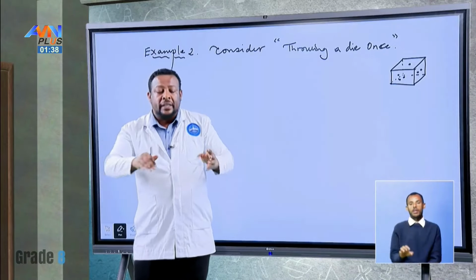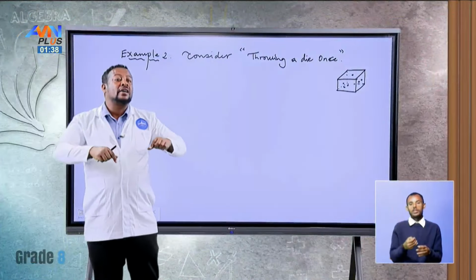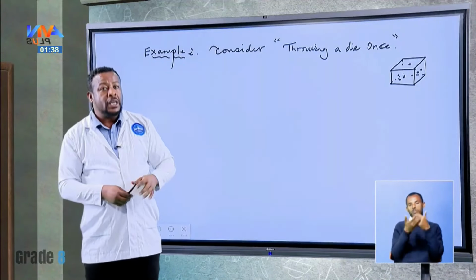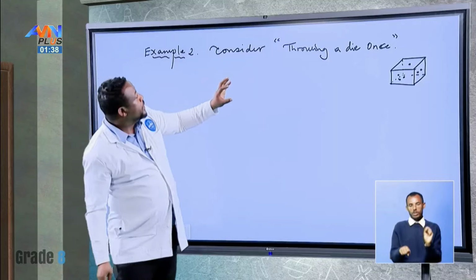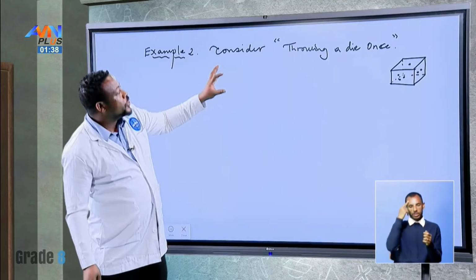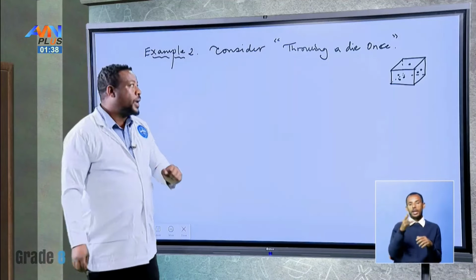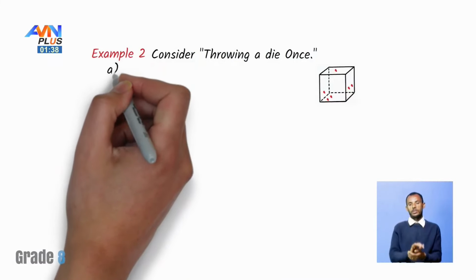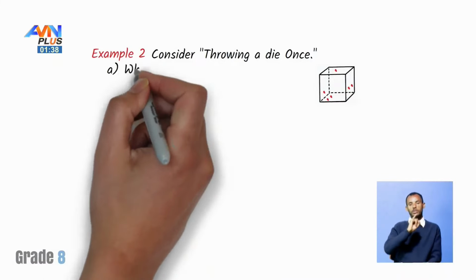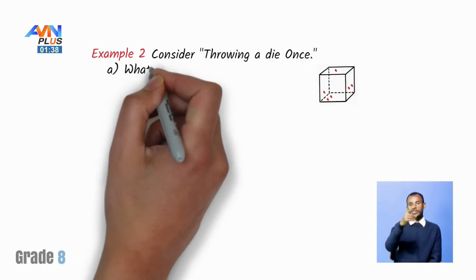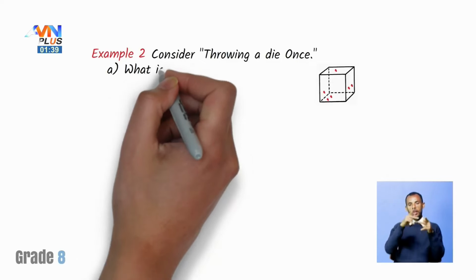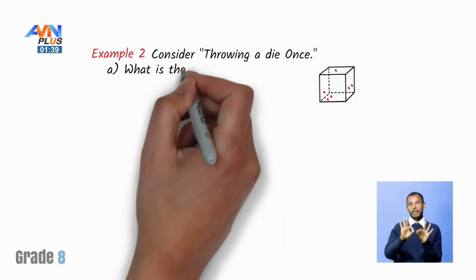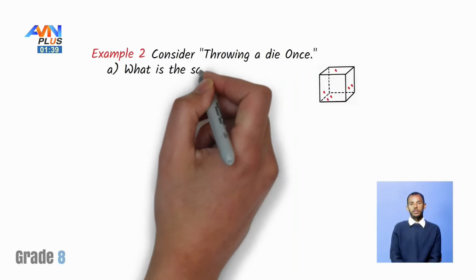Don't forget, tossing a coin and a die are the most common examples that we will be using in the discussion of probability. So here we are considering throwing a die once. What is the sample space?